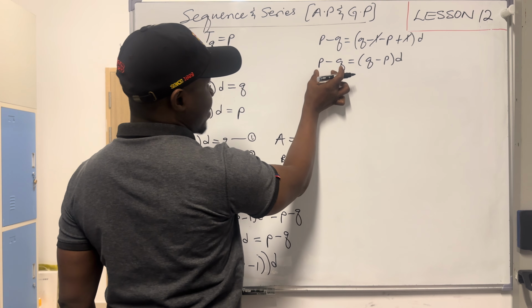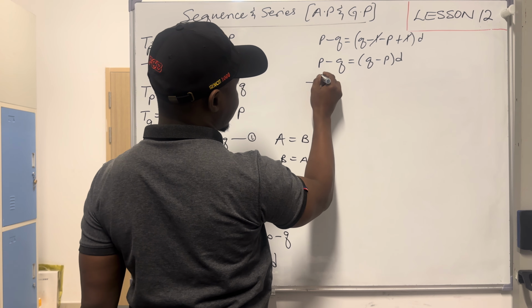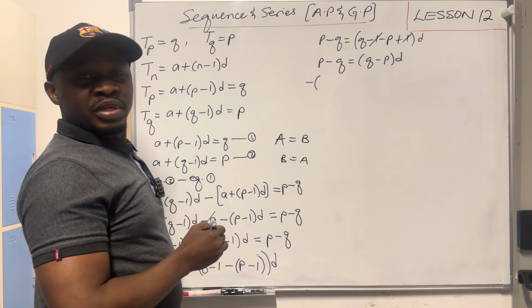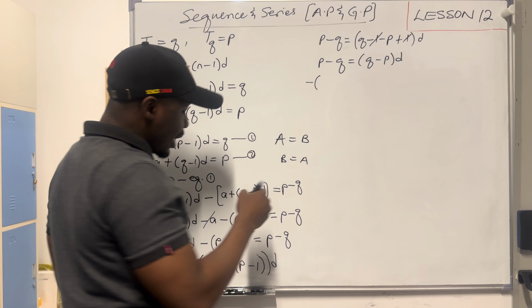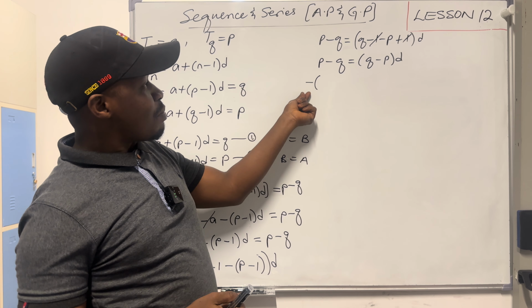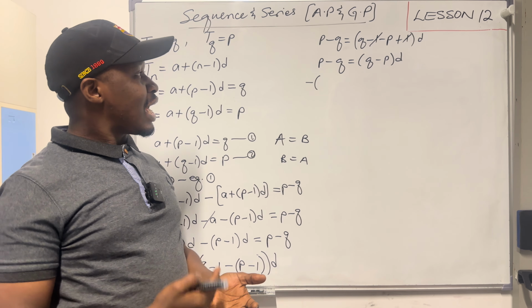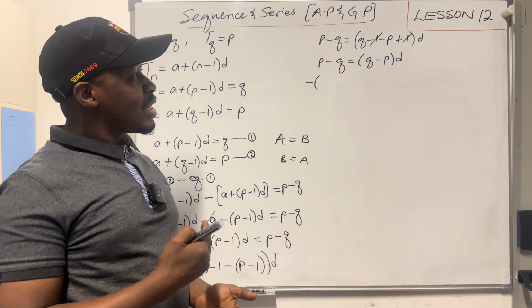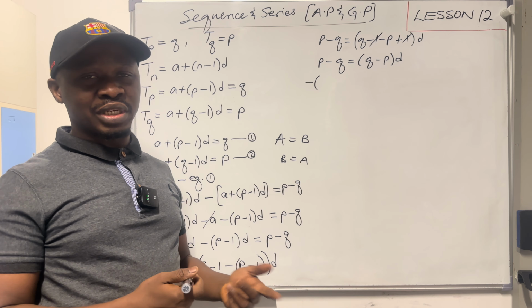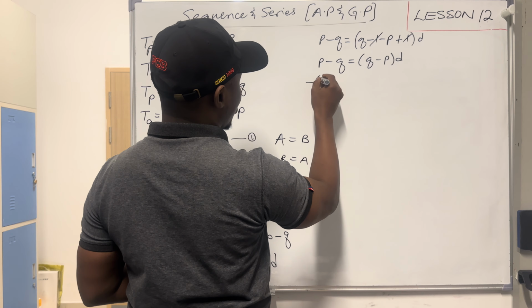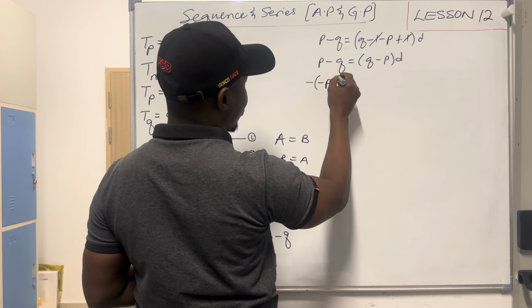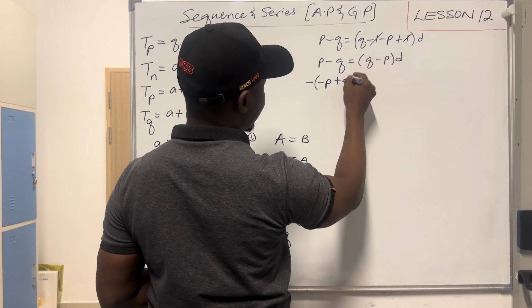We can invite a minus sign. With the minus that we invited, whenever you invite a minus to a particular expression, the sign of every term has to change. So this plus becomes minus P. This minus becomes plus Q.